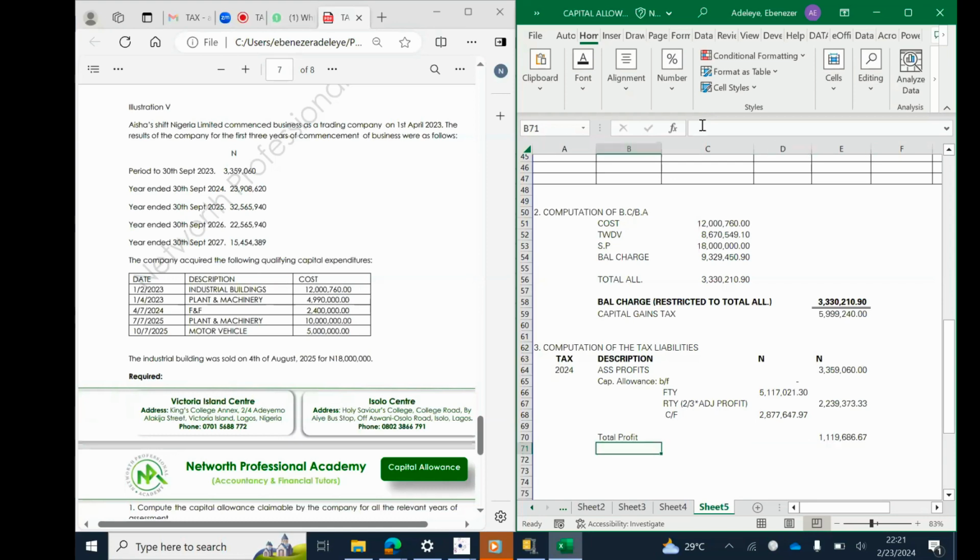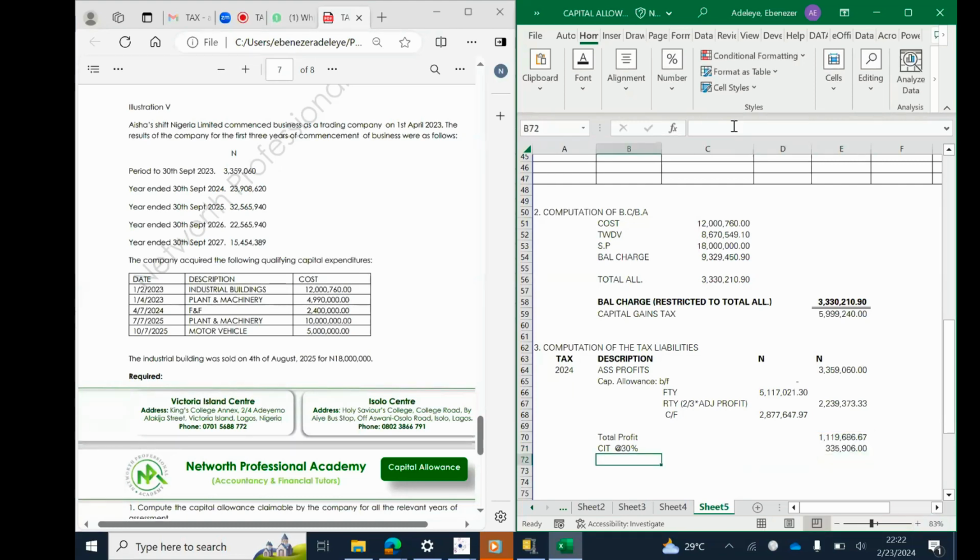So here now, our CIT will be at 30%, which will then be 0.3 times our total profits.